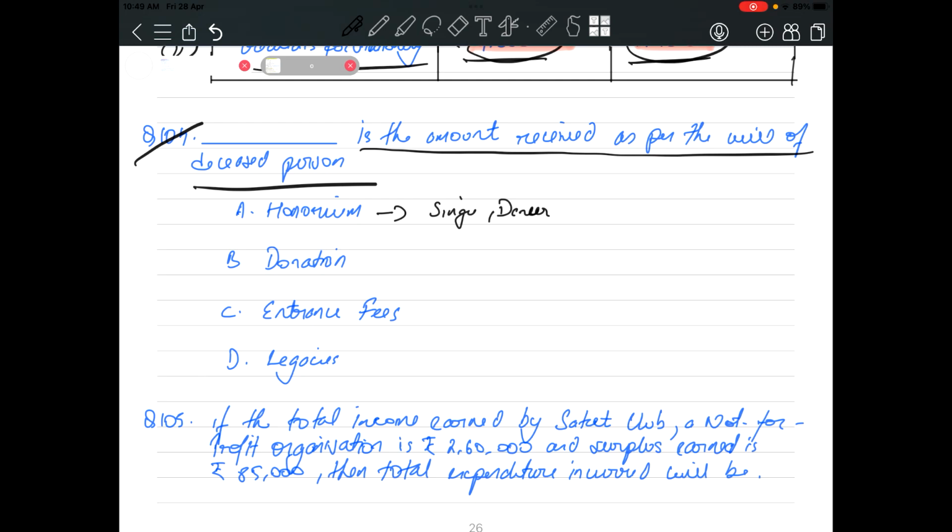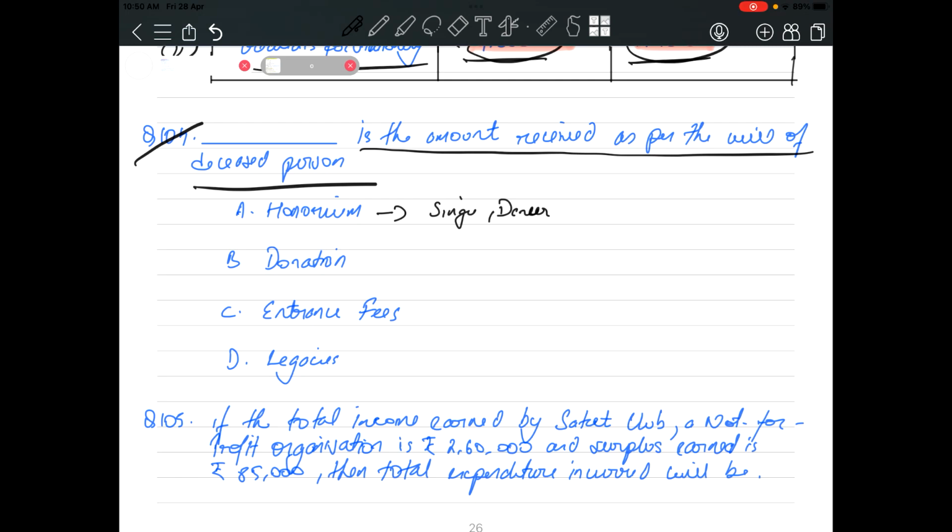The person receiving honorarium is not a regular employee. Examples are payments made to artists, that is singers, dancers, radio and TV artists. It is an expense, so it is shown on the expenditure side.